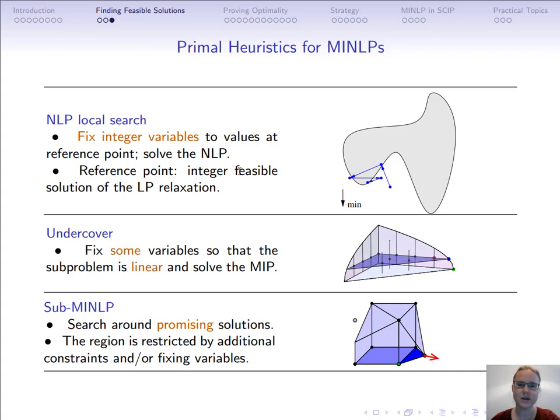And finally, if you already have a feasible solution which is promising, that is, you believe that it might be close to the actual global optimum, then you might try to improve upon it. One way of doing this is to restrict the feasible set to the area that is in some sense close to this existing solution, which can be done, for example, by fixing variables, again like in the previous heuristics, or by adding some additional constraints, which will ensure that the new solution will not stray too far from the existing one.